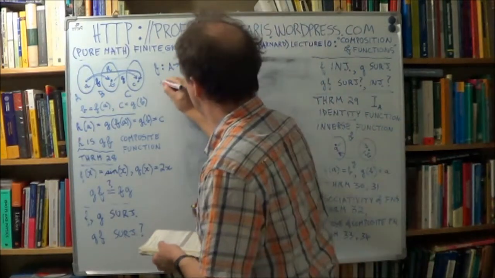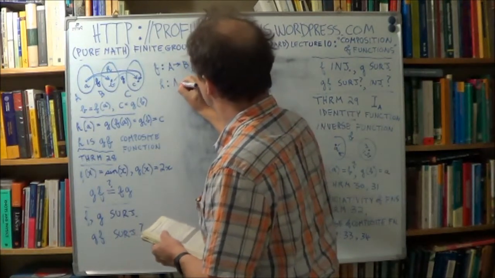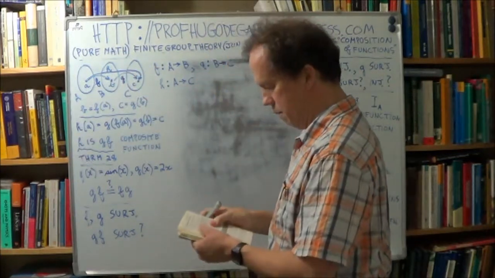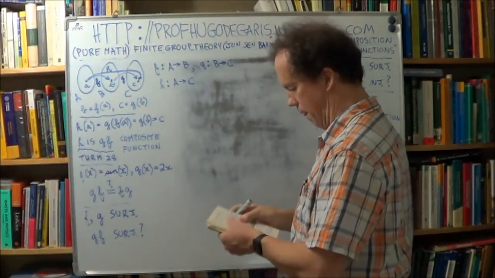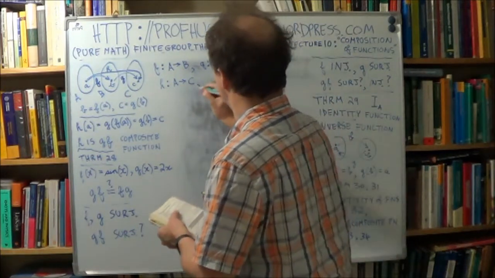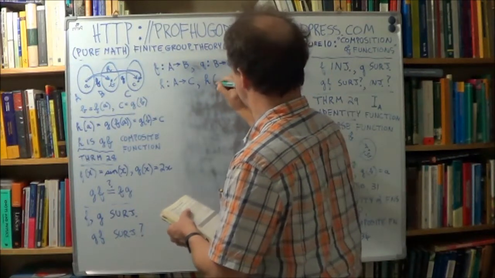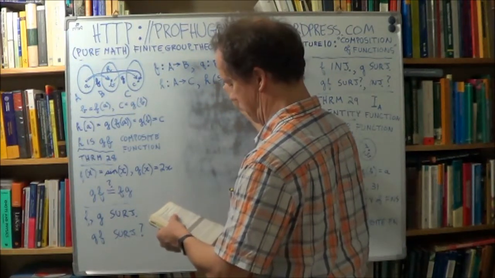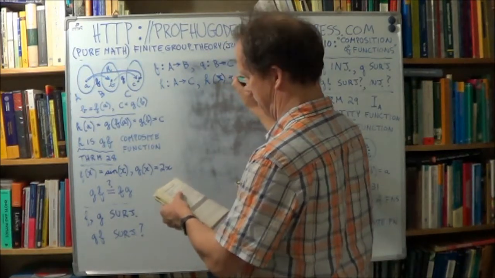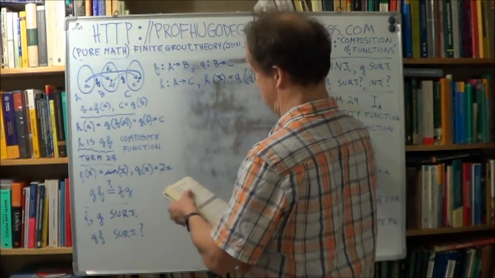And h is a function that maps A to C directly, where h of x is g of f of x.